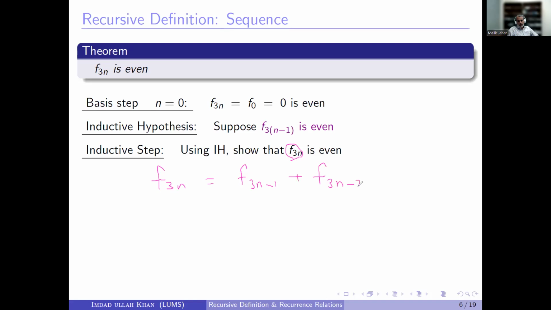So this is the recursive definition of F3n. Our target is to expand them further, and we'll keep on expanding until we land on something which can clearly give us that the result is an even number.